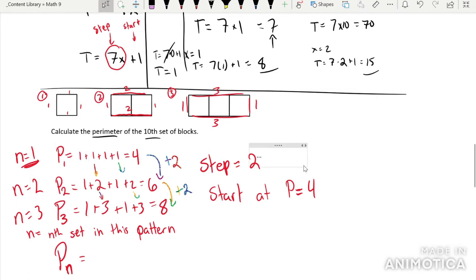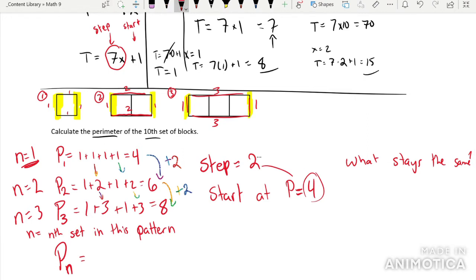So what I have to think about is what I'm going to start with to give me 4. I have 1 step of 2, and the way we can think about our other value is what stays the same. So I notice that I'm adding blocks onto the side, but in every example, these sides are 1.